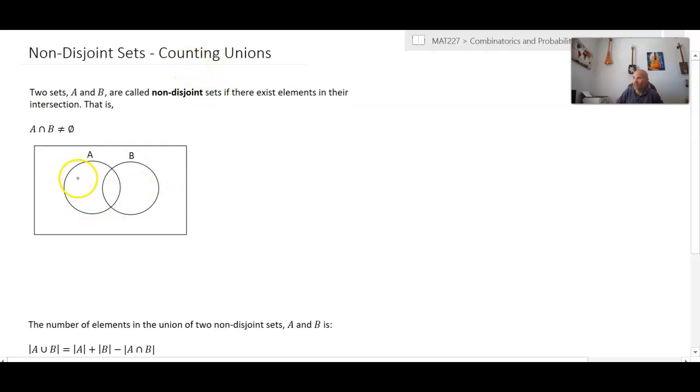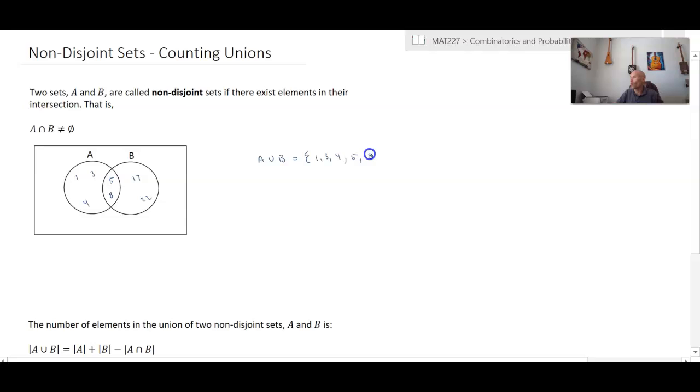So if I put a few elements in here, 1, 3, 4, and maybe what they share in common is 5 and 8, and B has 17 and 22, then we can see that the union of A and B, which can be formed here because they're small enough sets, would be 1, 3, 4, 5, and 8.